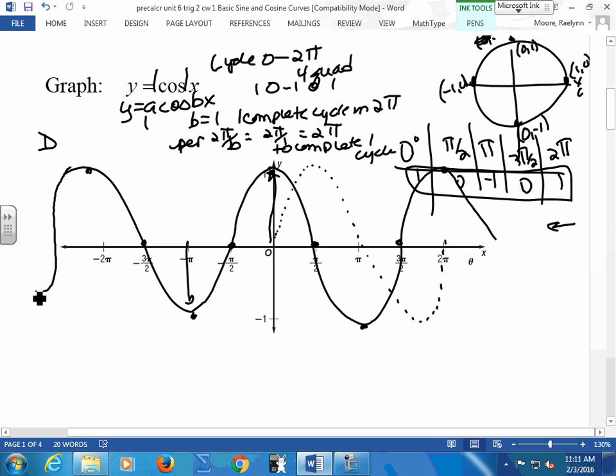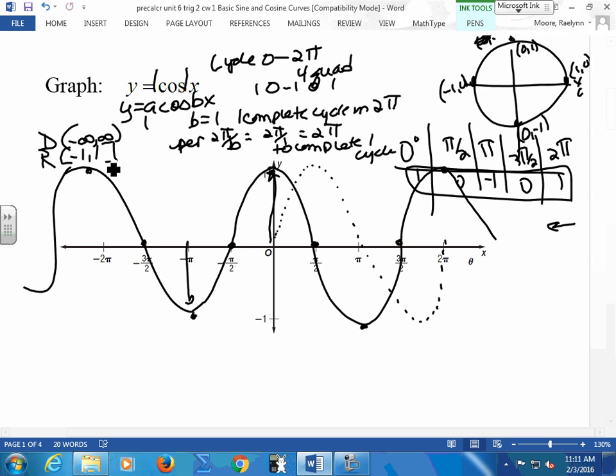Just keep on going and going forever. Good. Negative infinity to infinity. I can use any angle you tell me to. What's my range? Where's my y's going from? Negative 1 to 1, inclusive. These are my max and my mins again.